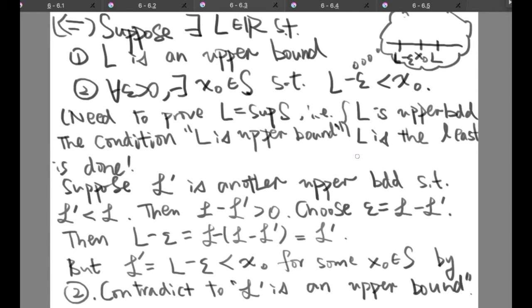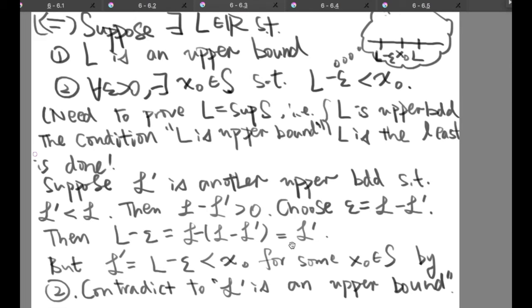I let L prime be another upper bound such that L prime is smaller than L. Subtracting L prime, we get that L minus L prime is greater than 0. As L minus L prime is a positive number, and our second statement is true for all epsilon greater than 0, we are legal to choose epsilon to be L minus L prime.